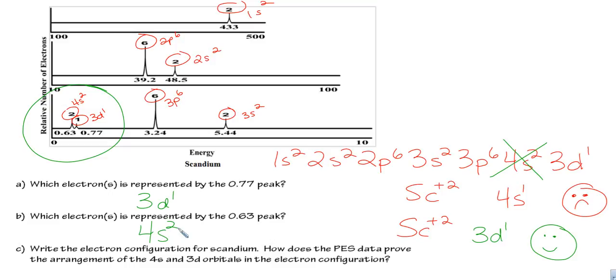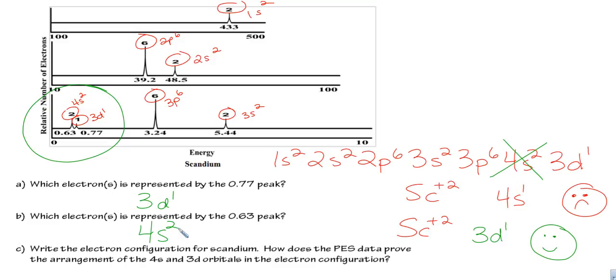It confirms electron configurations. It confirms the number of electrons that can fit in a particular orbital. And it's used to predict how we form ions and how we can plot trends in ionization energy. This is the kind of question that you would see on an AP type test.